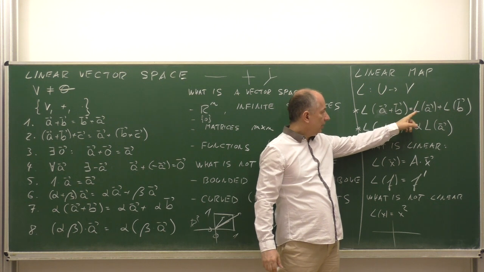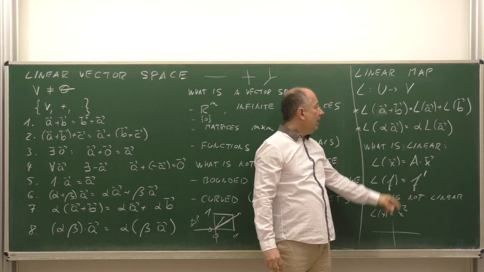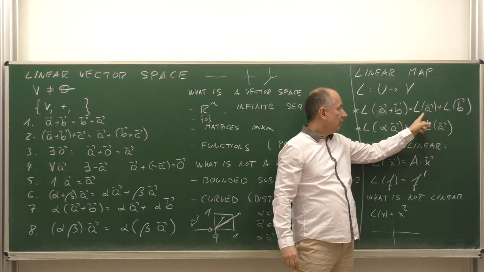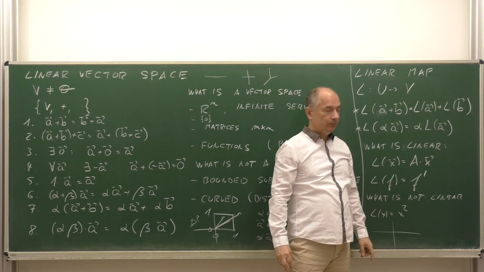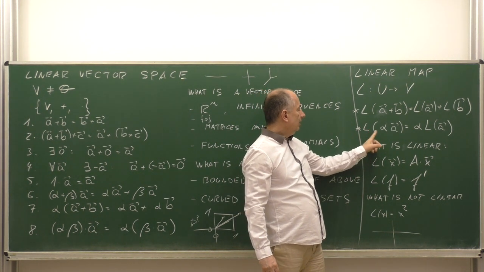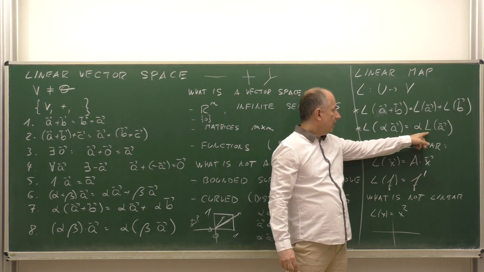L(A plus B) is LA plus LB. In other terms, the image of a sum is equal to the sum of the images. And the second condition is that L(alpha A) is alpha LA.